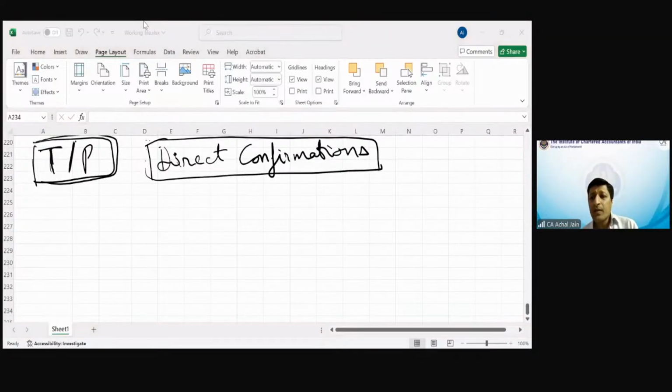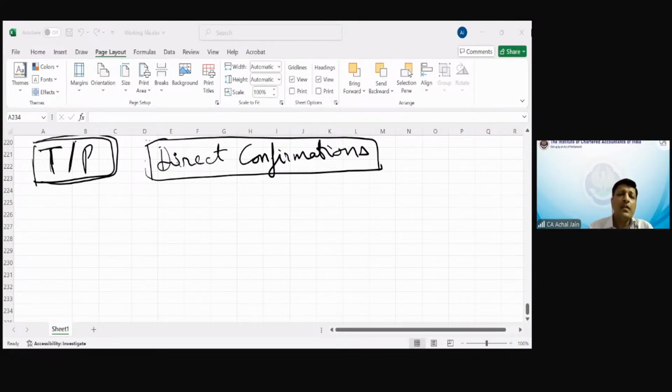Now, in respect of direct confirmations, if you just want to link it for the purposes of your notes and create a summary, you can say this process of obtaining direct confirmations in respect of creditors is quite similar to what you have in case of trade receivable.